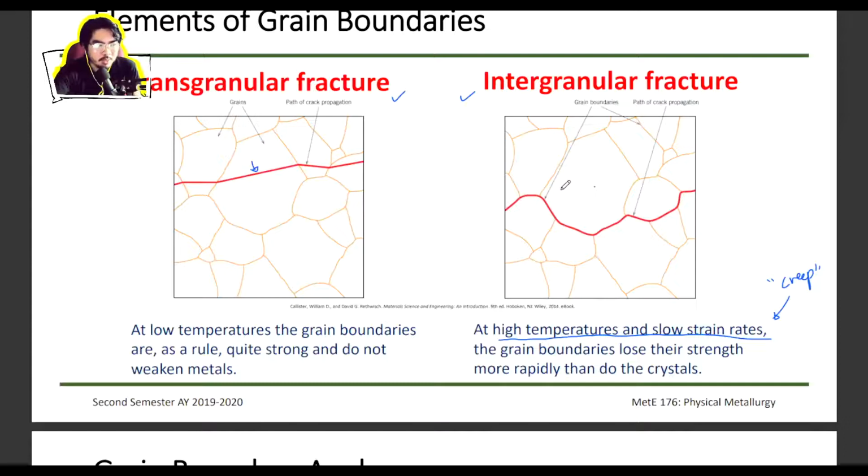So for example, and this is related to creep na sinasabi ko, for creep applications, mas gusto actually natin na mas larger yung grains natin to eliminate or to reduce the number of grain boundary area. Okay?